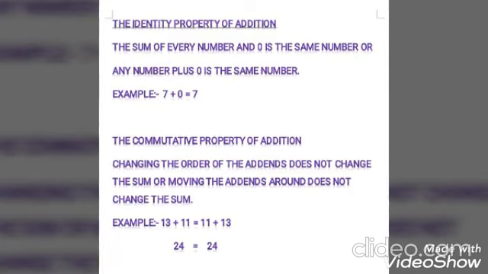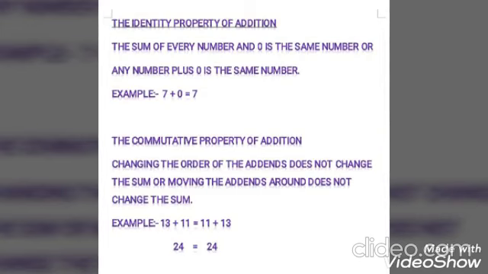Now again you must be thinking, what is ma'am saying, every number plus 0 is the same number? So let us take an example. You can see in this given slide I have taken an example and I have written 7 plus 0 is equal to 7. Suppose Neil has 7 toffees.